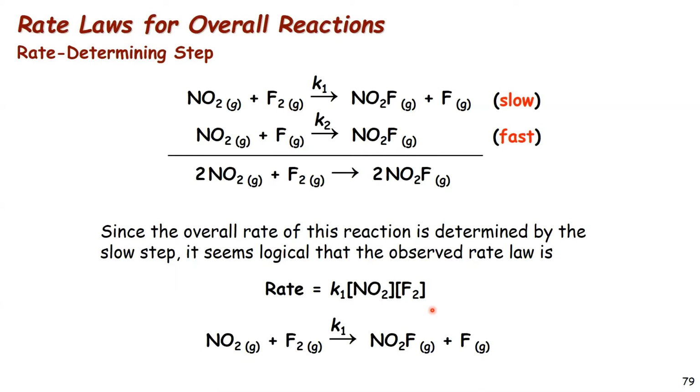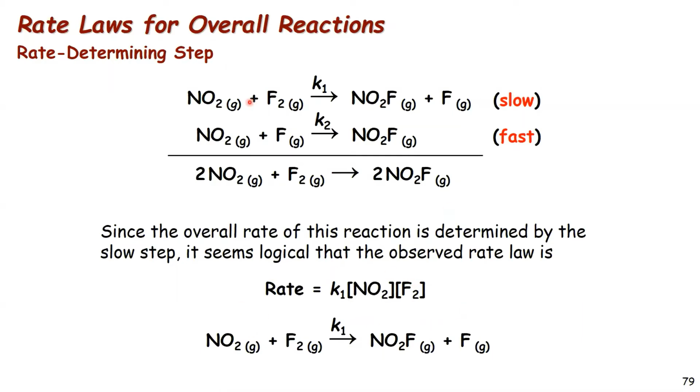Now we're going to find out that the rate law for the overall reaction has some qualifiers to it. It must contain either the reactants and or products of the overall reaction. If this rate law contains something that isn't in the overall reaction or the catalyst, then it cannot be in the overall rate law.